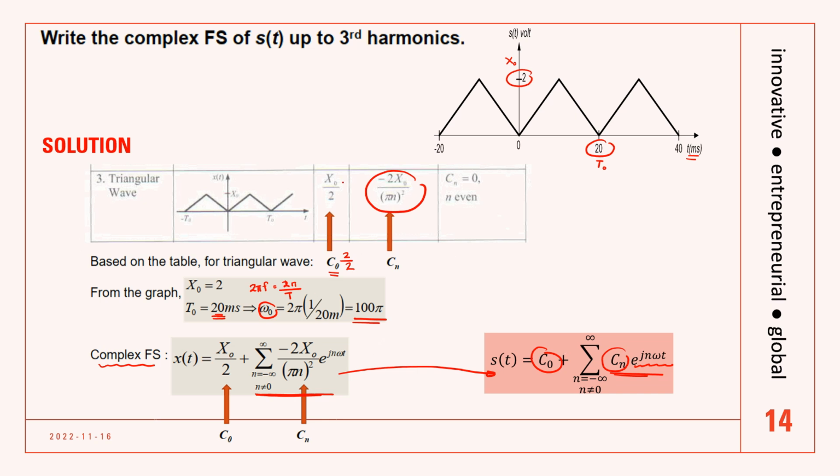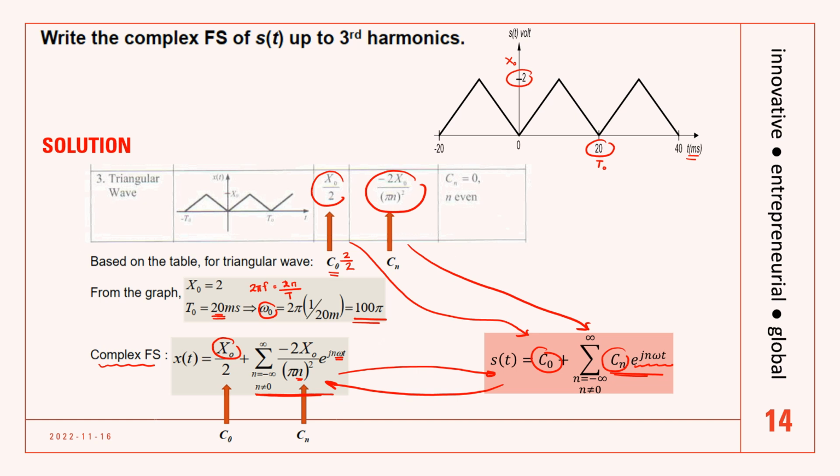So your C naught is this component. You just replace this particular value inside here, and then you will get this equation. Now this is not settled yet. You need to replace the value of x naught, the value of n, and the value of omega.